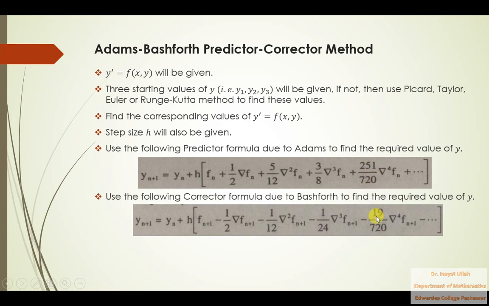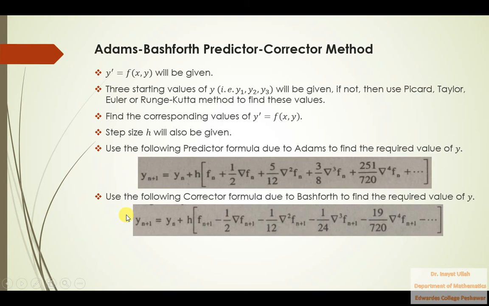So 251 and 19 are different. 720 is the same. Here both numerator and denominator are different. So this is the corrector formula due to Bashforth.